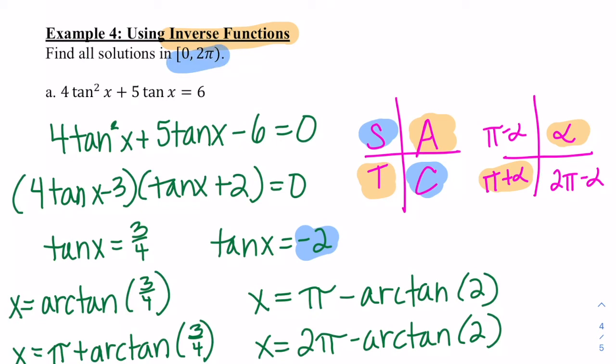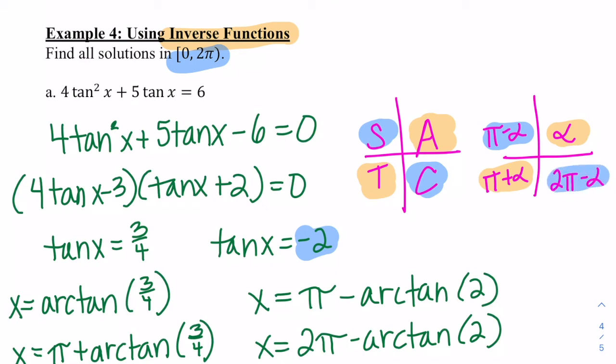So to find the rotation in the second quadrant, it'll be pi minus my reference angle. Remember, my reference angle is positive, so it'll be pi minus arctangent of 2. And then we have x equals 2 pi minus arctangent of 2 for the fourth quadrant.